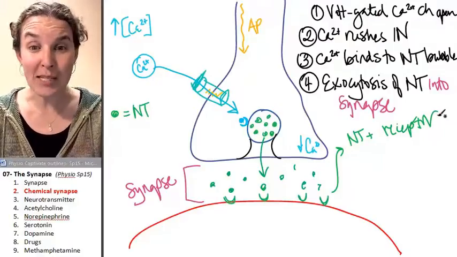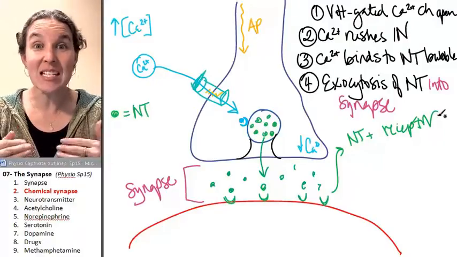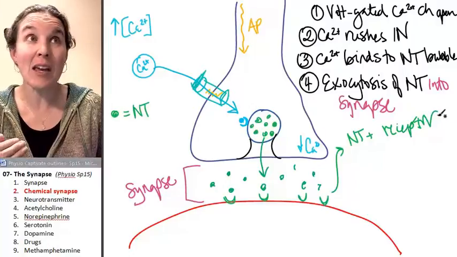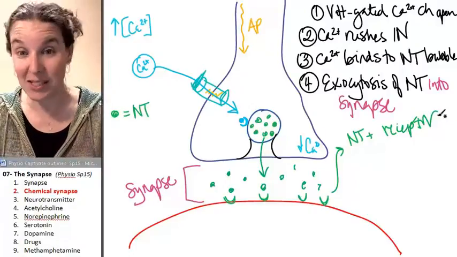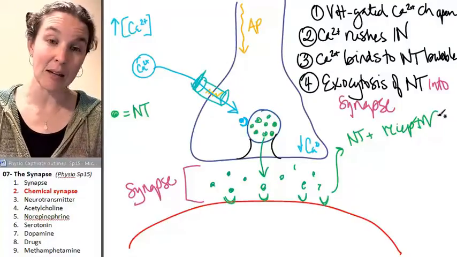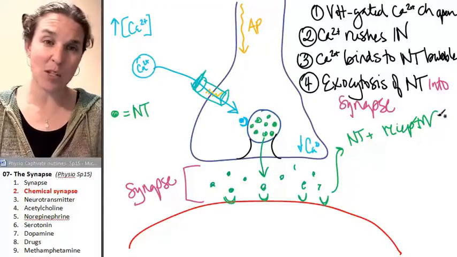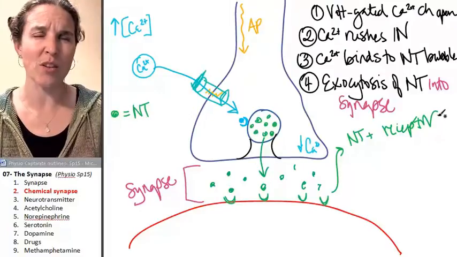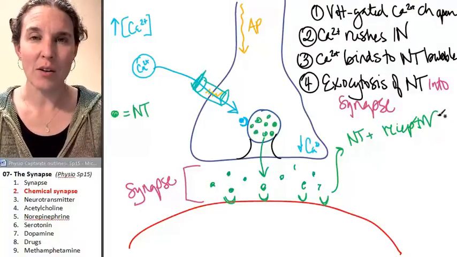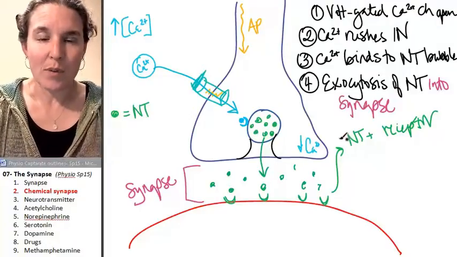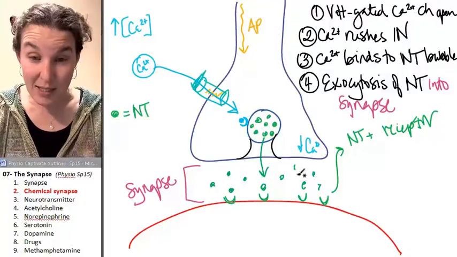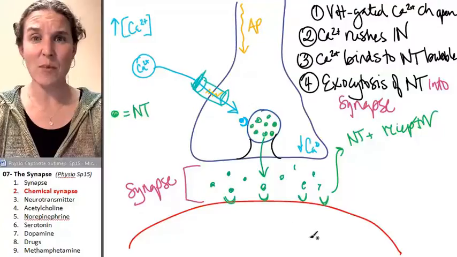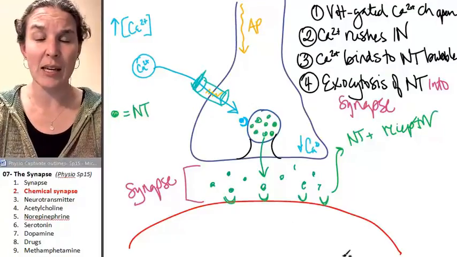If you open potassium channels, that's going to prevent an action potential. That's going to make the membrane potential more negative because potassium is going to rush out. Potassium is going to go where it's not supposed to go. Sodium comes in, potassium is going to rush out. So potassium rushes out and prevents an action potential in the effector.